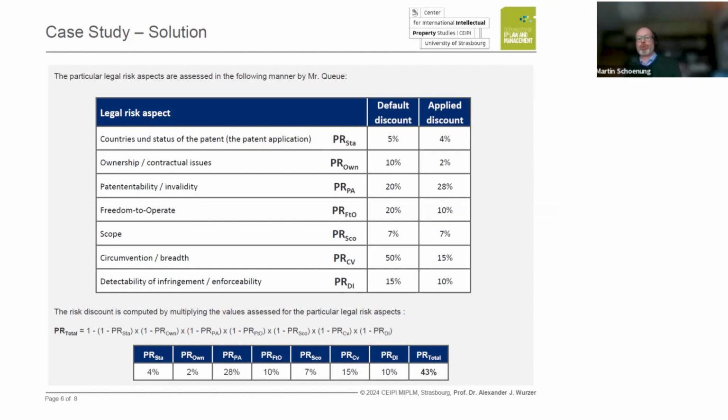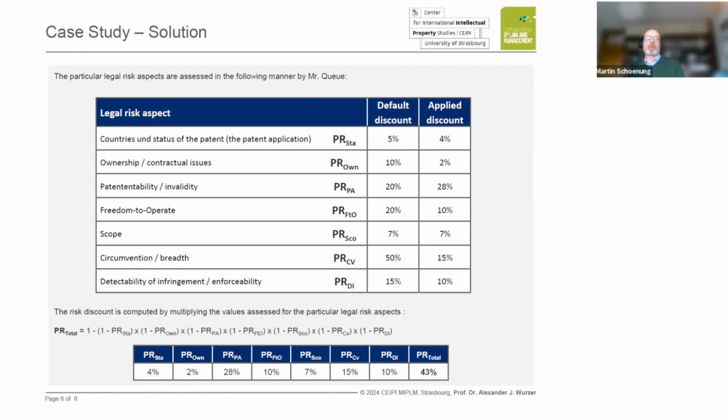There's just 2% left, which could be argued by some specific issues in German patent law, that maybe some inventors still have rights, and so there might be a residual risk of 2%.